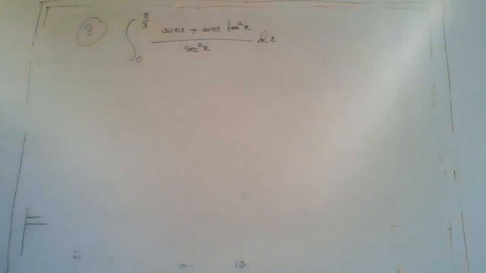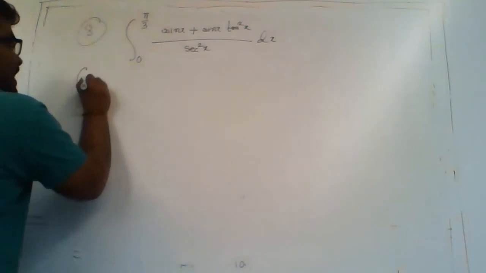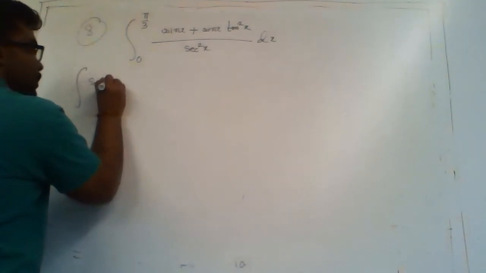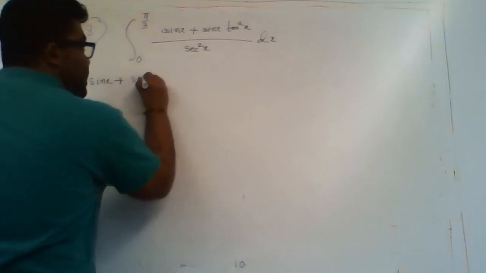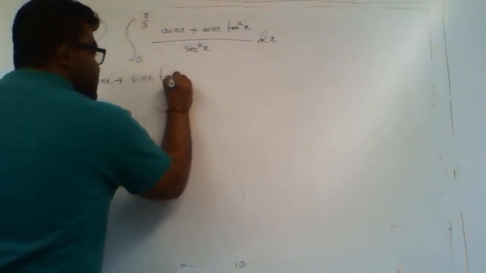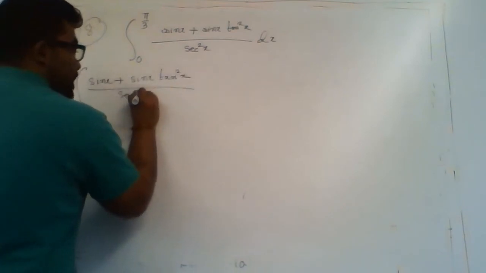So the same technique: first you will forget the limits, just find out the corresponding indefinite integral. This problem we had already done before. So sin x plus sin x tan square x divided by sec square x dx.